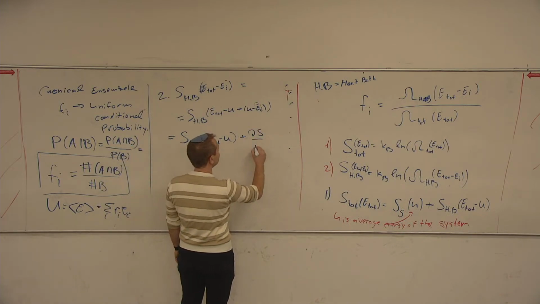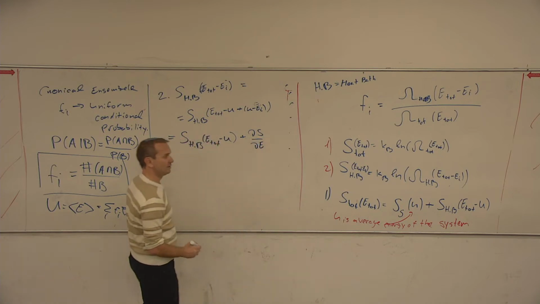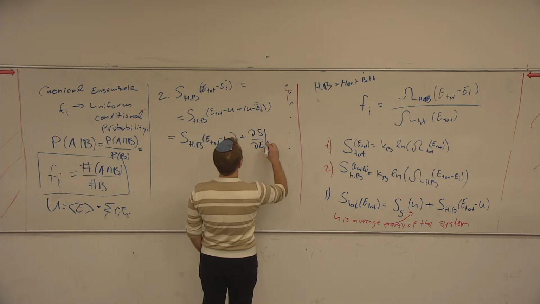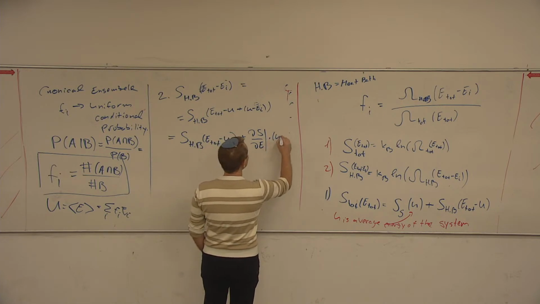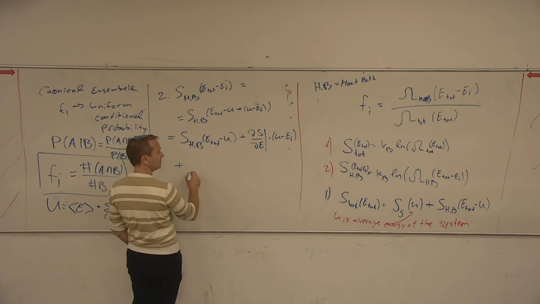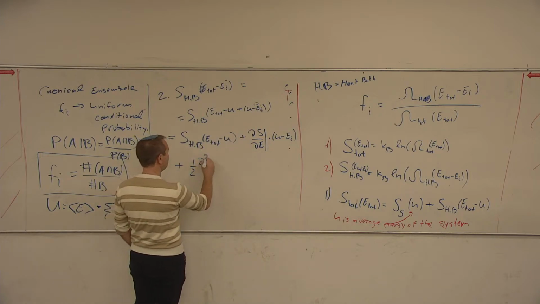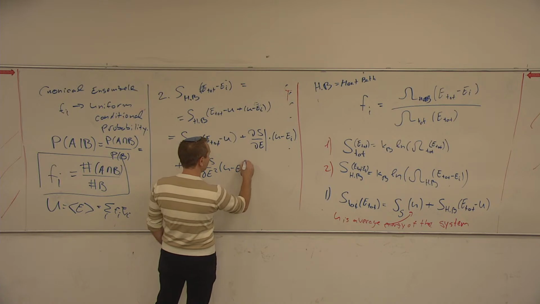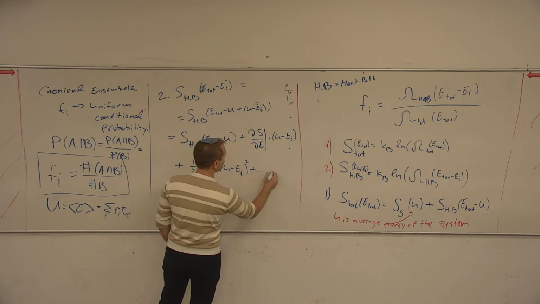Plus dS over dE, multiplied by U minus EI, plus 1/2 of d squared S over dE squared, multiplied by U minus EI squared, plus etc, etc.